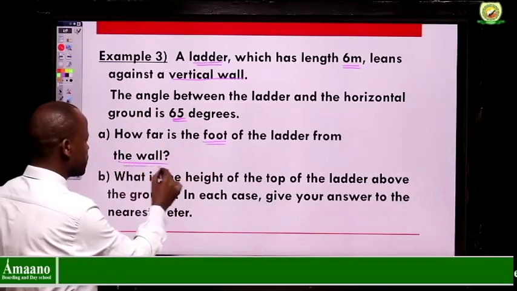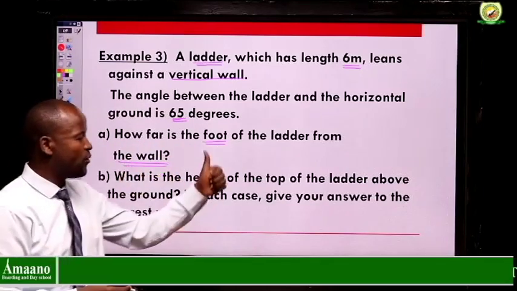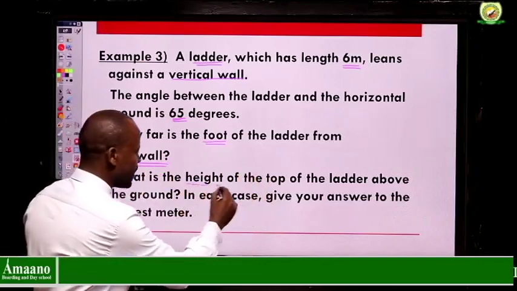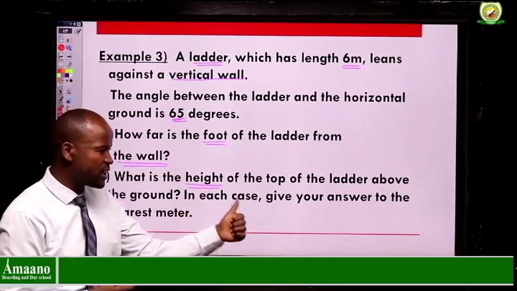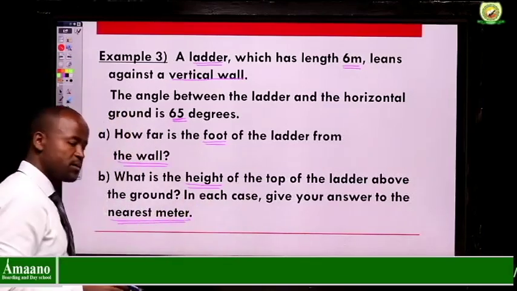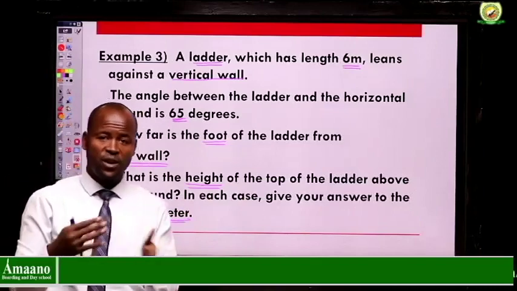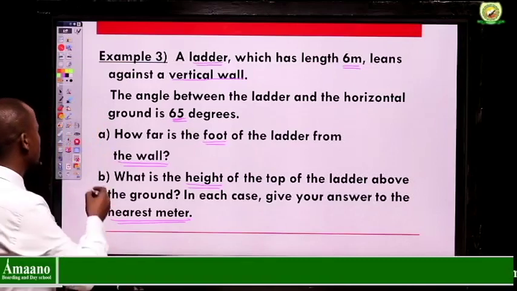The second: what is the height of the top of the ladder above the ground? In each case, give your answer to the nearest meter. Don't forget, to the nearest meter means not in decimal form. If you have a decimal, round it to the nearest whole number.